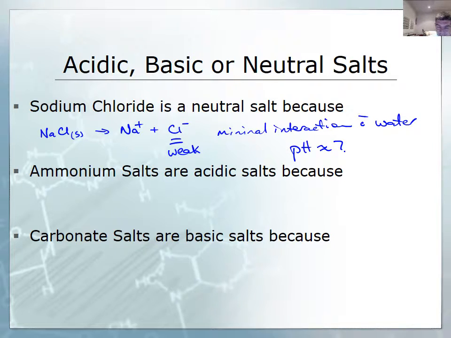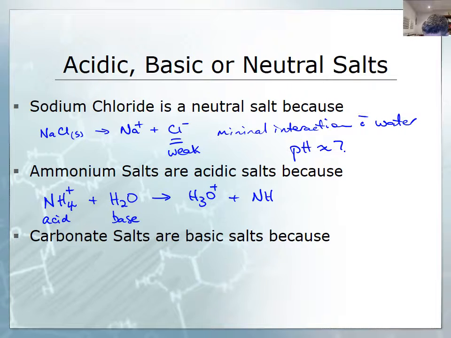Ammonium salts are acidic because ammonium is an ion and it interacts with water in such a way as to behave like an acid. It means the water behaves as a base and it will take in that proton, that H+, and leave NH3 as a molecule in aqueous solution.